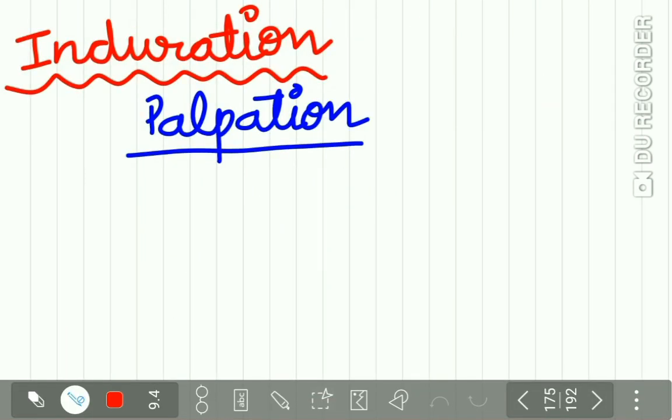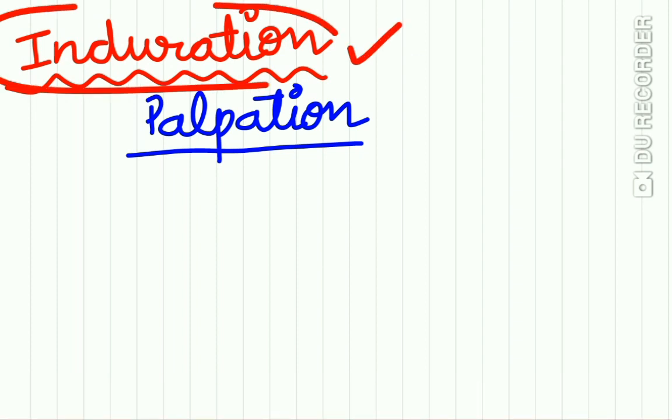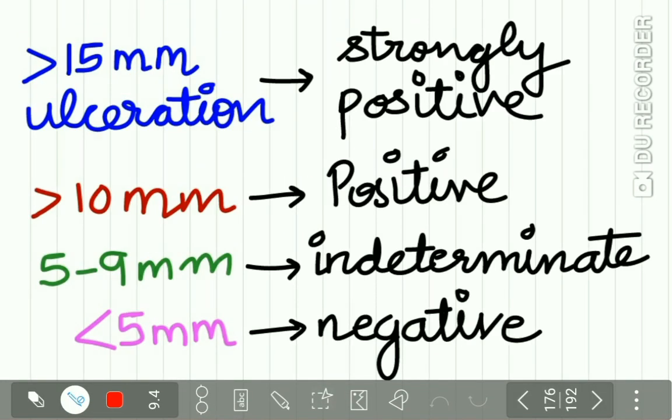The maximum diameter of the induration is measured. Remember, there should be induration, and this is measured by palpating the induration.